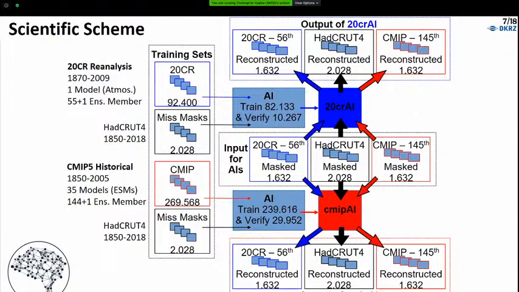Yes. So the 20CR reanalysis data set is a numerical atmospheric model, which is forced by observed SST, so sea surface temperatures and sea level pressure information from the past. So it basically runs on the edges with information from the observation, and there the numerical model fills the gaps and does a reanalysis with it.